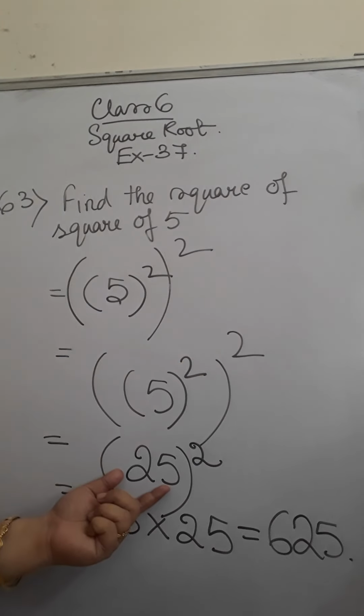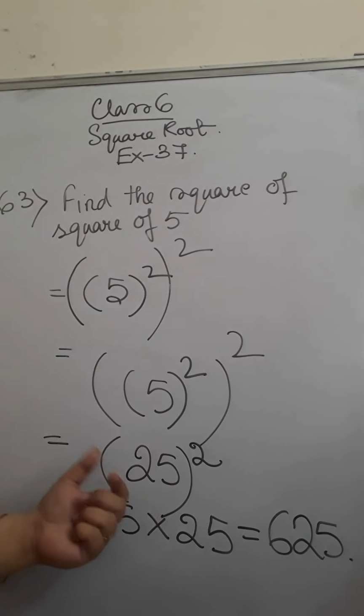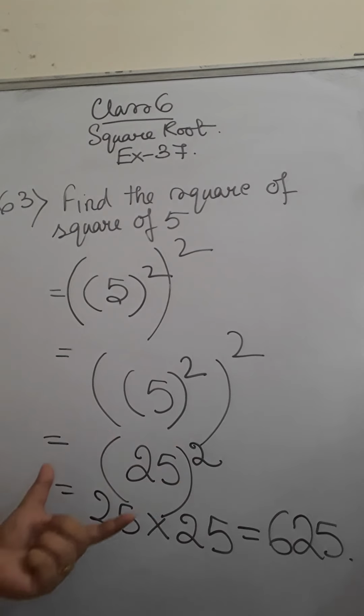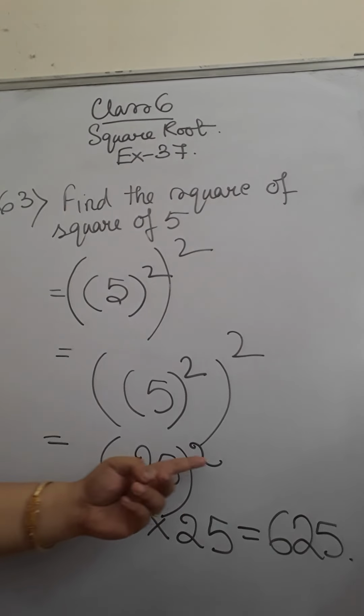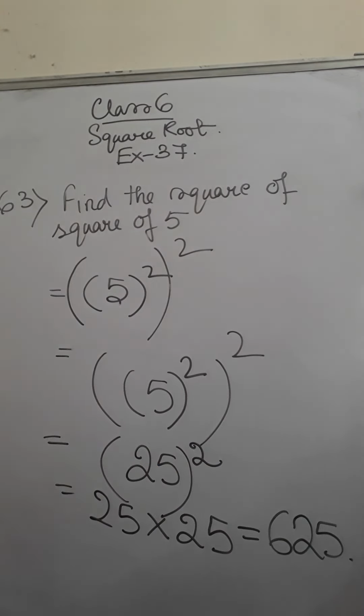So whatever result we have got, I have to square again in order to arrive at the final result. So 25 is the result, and we have to again do square of the thing. So 25 into 25 will give us 625. This is the final result.